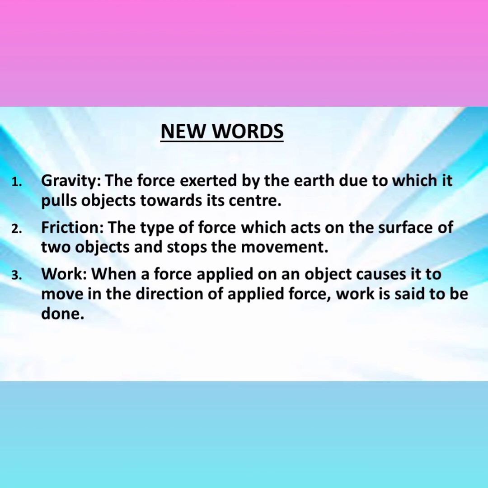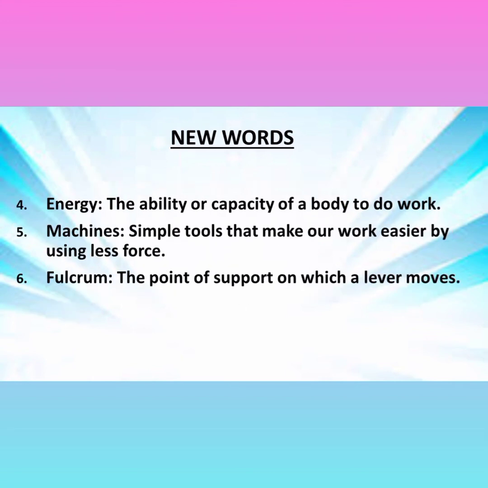The type of force which acts on the surface of two objects and stops the movement. 3. Work. When a force applied on an object causes it to move in the direction of applied force, work is said to be done.